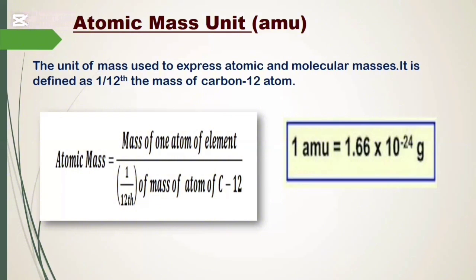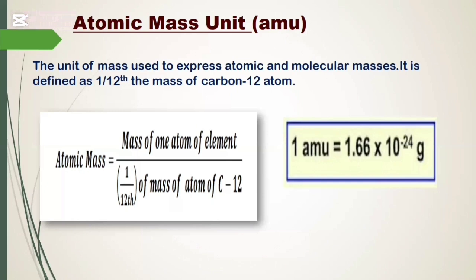So this value is dimensionless and represents the average mass of a chlorine atom relative to 1/12 the mass of a carbon-12 atom. Both of them have the same numerical value because we use the same standard, this 1/12.